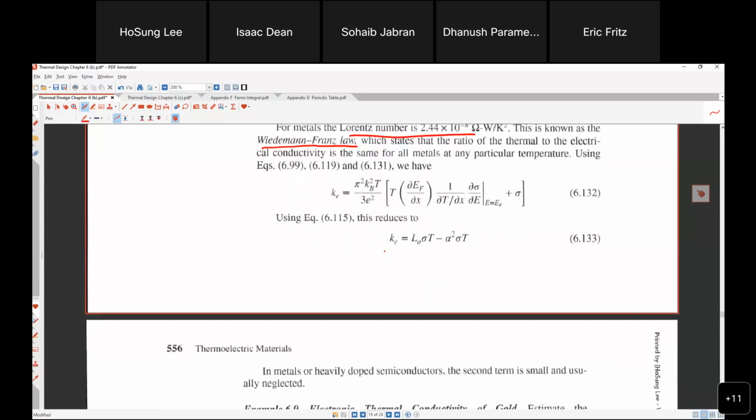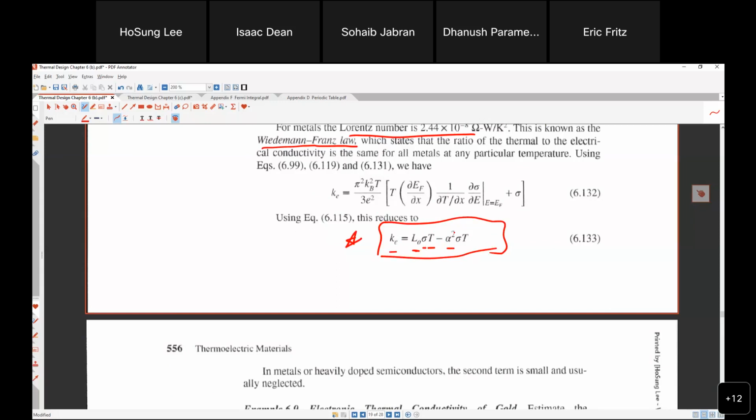And electronic thermal conductivity has a nice, still meaningful constant. And look at that. It's the electrical conductivity and the Seebeck minus.